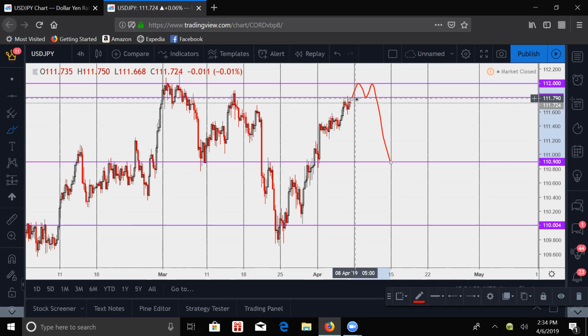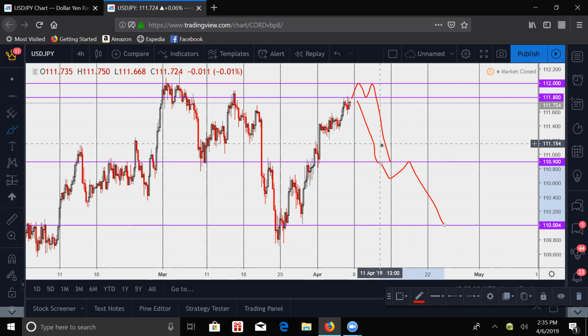Or it could just not even break this area of 111,800. It could fall from there and go down to here, and then price could possibly reverse and try once again to go back up and break this resistance. Or if it doesn't, price will just break through down here and go down.